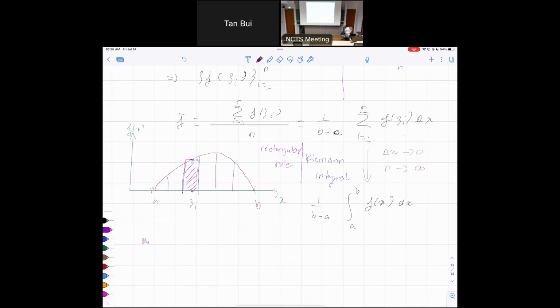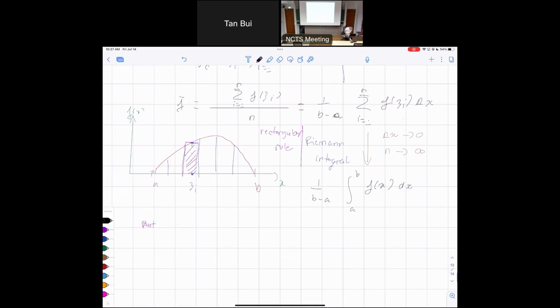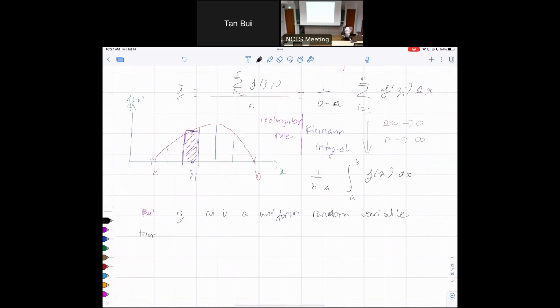If M is a uniform random variable, then we know that the density of M is 1 over b minus a, with respect to the Lebesgue measure.